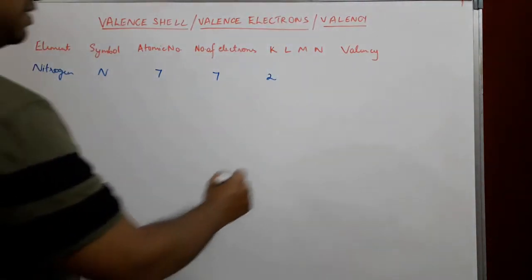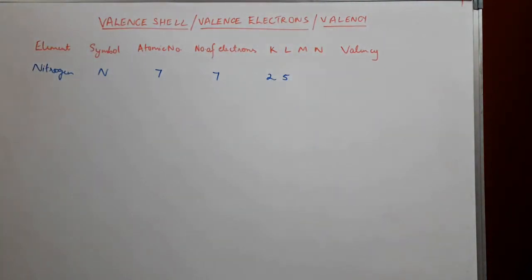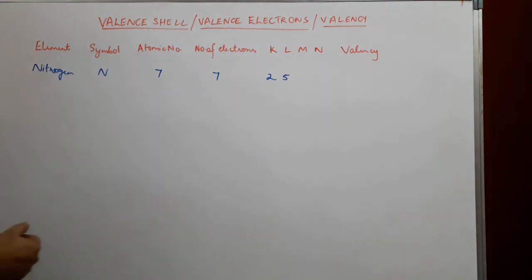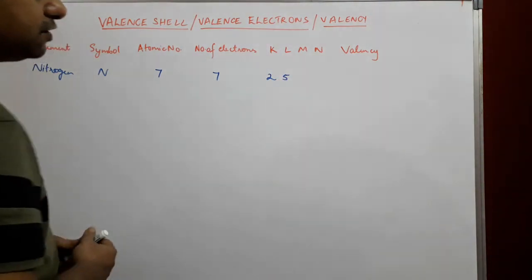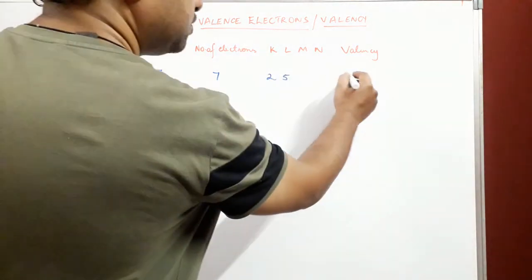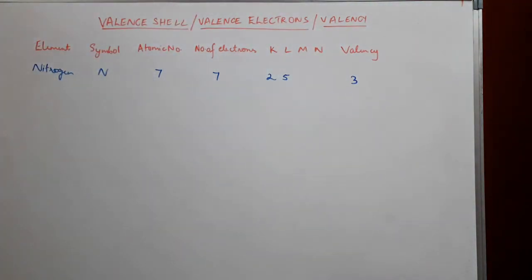The remaining 5 will go in the L shell, which means nitrogen can either lose 5 electrons or gain 3 electrons. It is easier for nitrogen to gain 3 electrons rather than lose 5 of them. So the valency of nitrogen becomes 3 because of its ability to gain 3 electrons from an atom that is willing to give up 3 electrons.